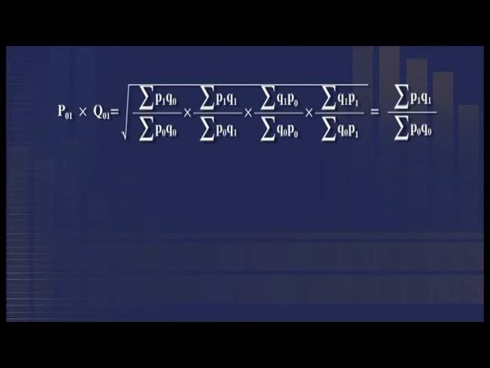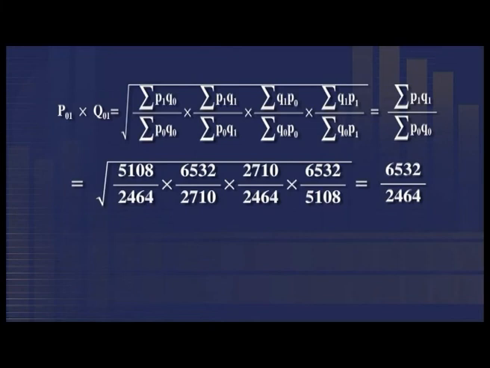We will get it as the square root of 5108 divided by 2464 into 6532 divided by 2710 into 2710 divided by 2464 into 6532 divided by 5108, which is equal to the ratio 6532 by 2464, that is the value ratio.